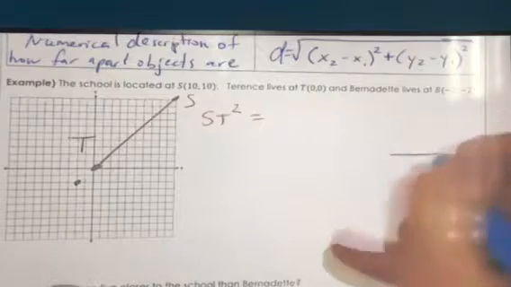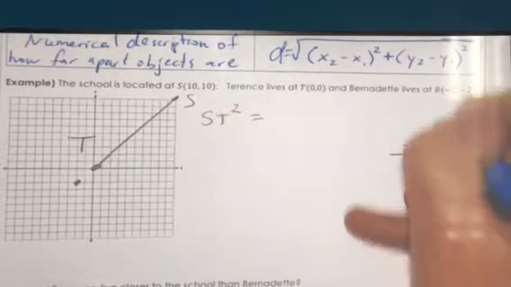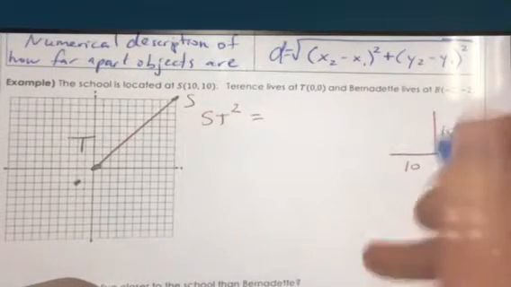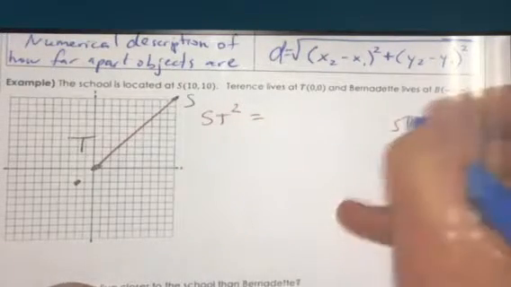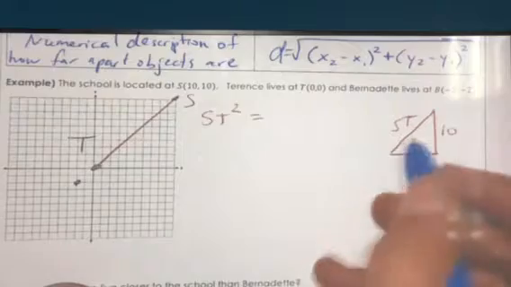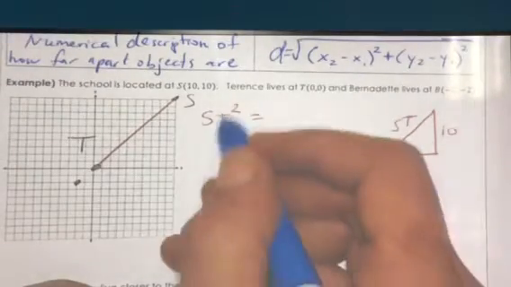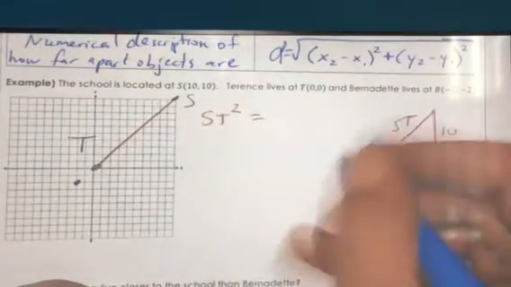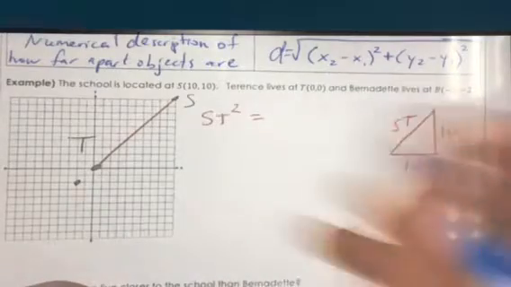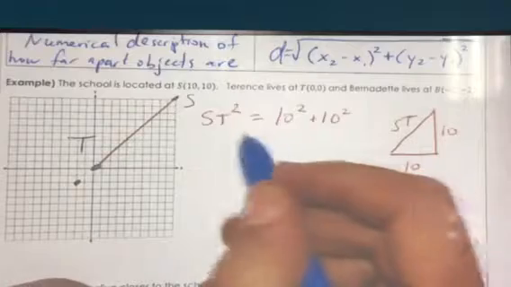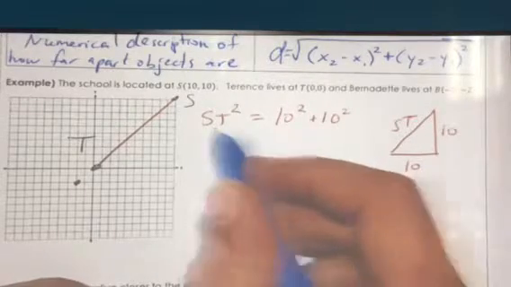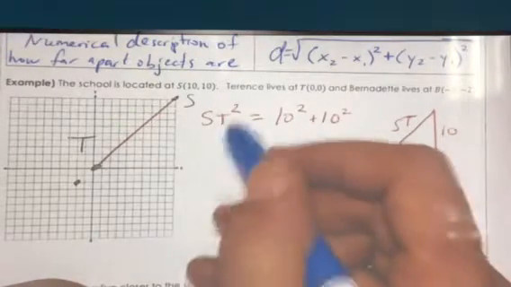This distance is 10, this distance is 10, and then this is our ST. So we know that ST squared, we call this C squared, ST squared equals 10 squared plus 10 squared. That doesn't tell us how far ST is, that tells us how far ST squared is.